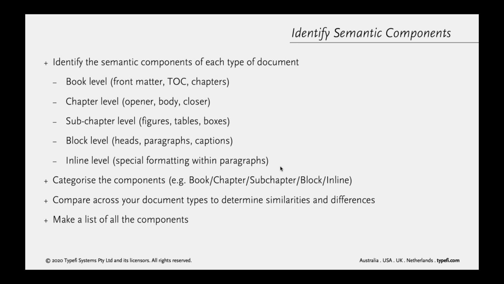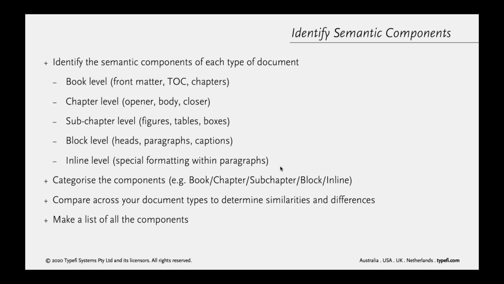Further in, at the subchapter level, you might have text, figures, tables, boxes. At a block level, you might be able to separate heads, paragraphs, and captions. And even at an inline level, you might be able to find special formatting within paragraphs.